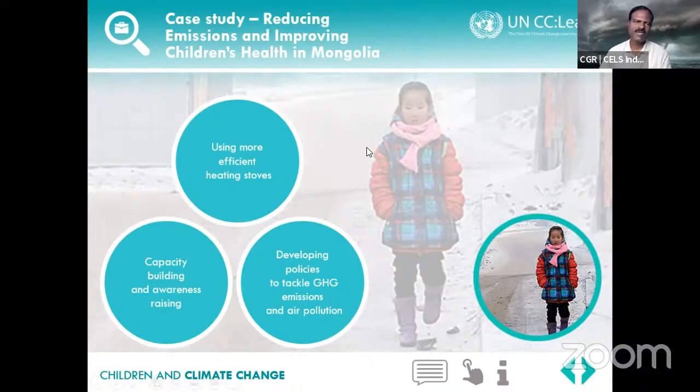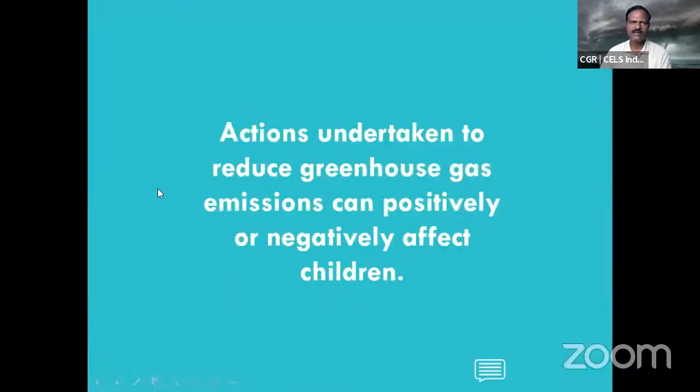So there is a big challenge as of now, and the cost of fuel has increased. Capacity building and awareness raising is very critical. Developing policies to tackle greenhouse gas emissions and air pollution is also required.